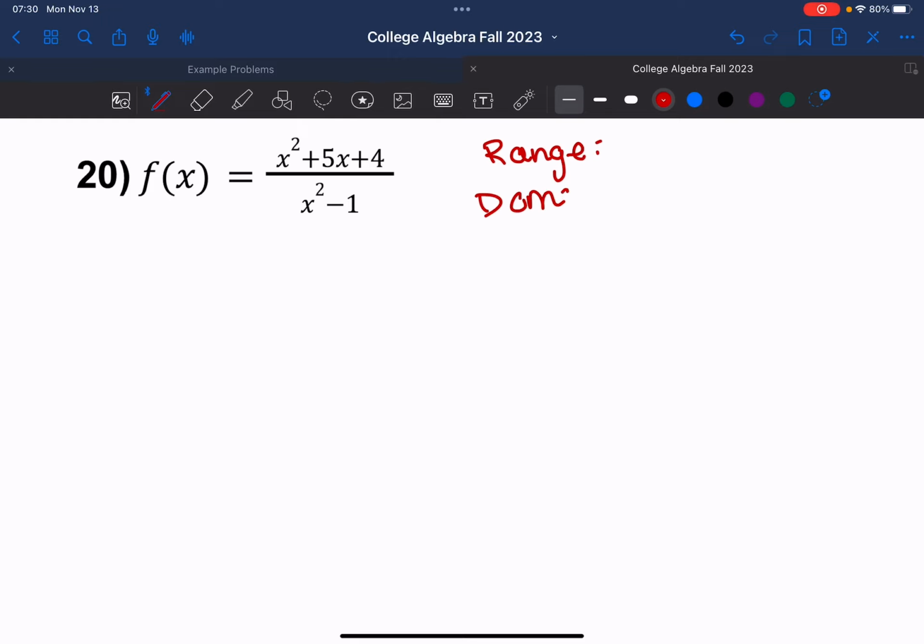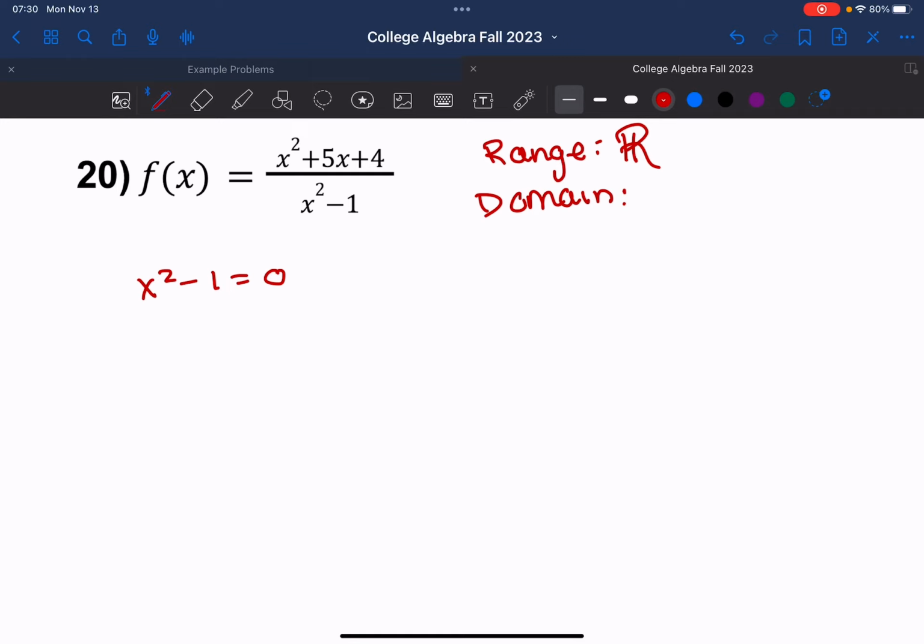So we know our range is always all real numbers. And in order to find our domain, we're going to set what equal to 0? The bottom, the denominator. Okay. When I set this equal to 0, this looks like what type of equation? Perfect square. Because of that negative, because it's missing the b value, and because 1 is a what?